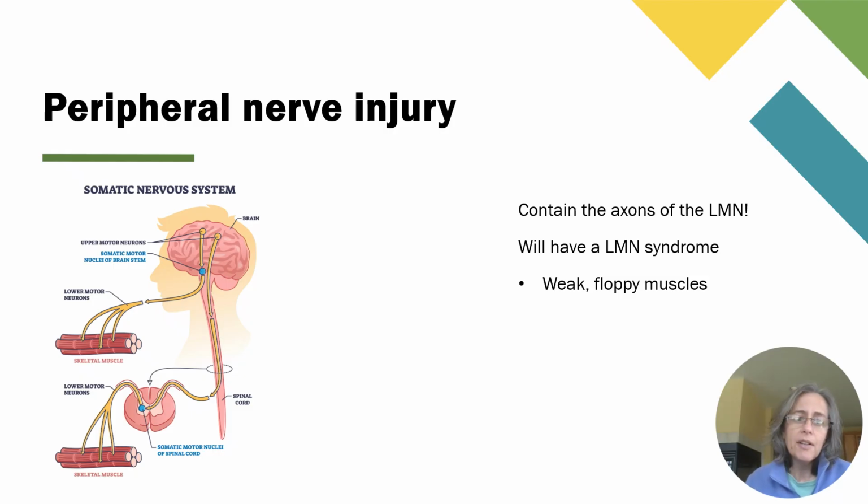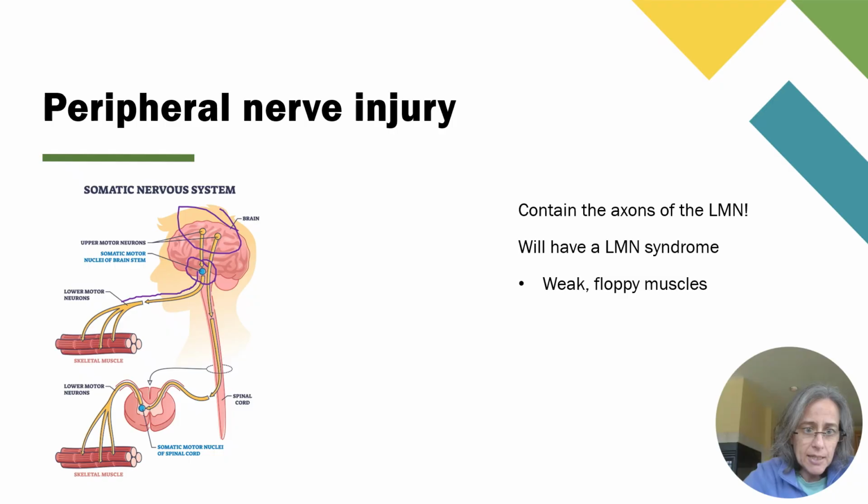We can also have an injury to a peripheral nerve. So again, we've got two different things. We've got a corticobulbar tract and a corticospinal tract shown here. Here are my upper motor neurons. Here is the lower motor neuron in the brainstem, sending its axon out through a cranial nerve.